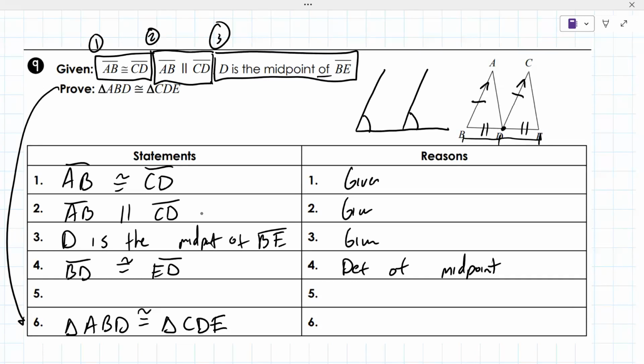Sorry. What'd you ask? I asked if you draw AB parallel to CD and you draw a transversal and you have these two angles, what is the reason that they are congruent? I'm trying to remember what congruent means.